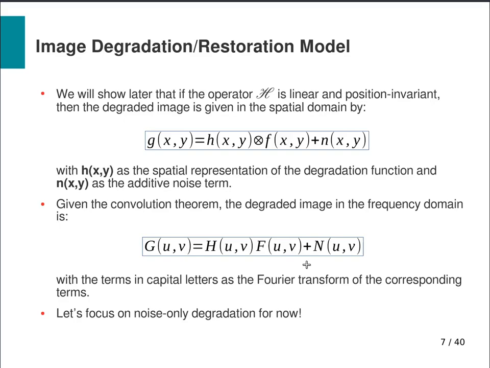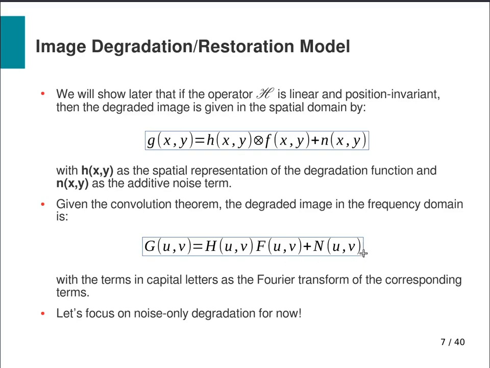So now let's only focus on the case of image degradation with noise only. In this sense, in the frequency domain you can say H of u and v is a constant function of value 1. So in this case G is going to be F of u and v plus N of u and v.